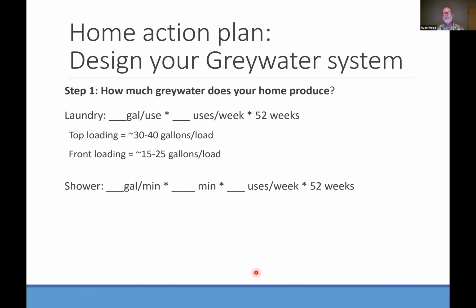But one person, maybe 2 a week, maybe only once a week. 2 people, you might be 2 or 4 loads a week. It really depends on your household. How many loads of laundry are you doing a week? And don't be shy about this. Be realistic, because you don't want to underestimate your gray water system.